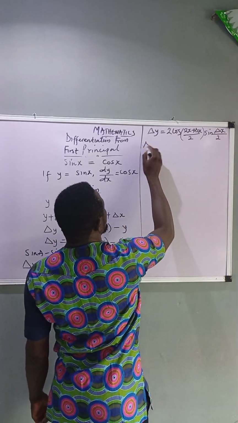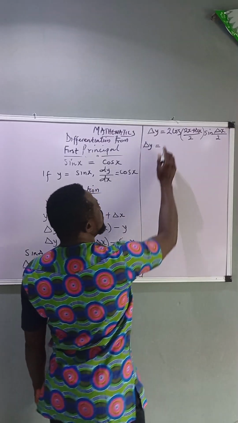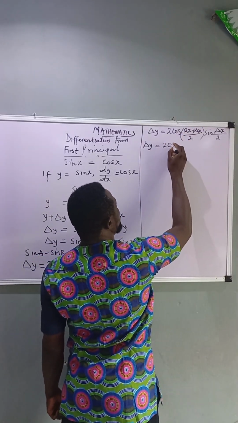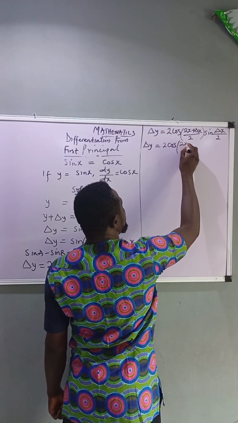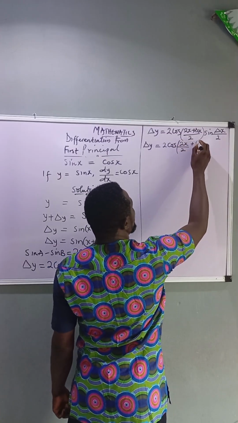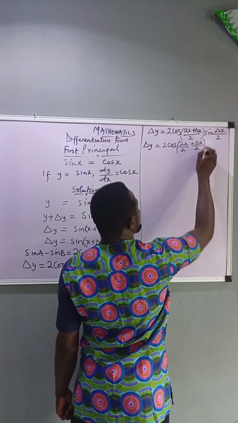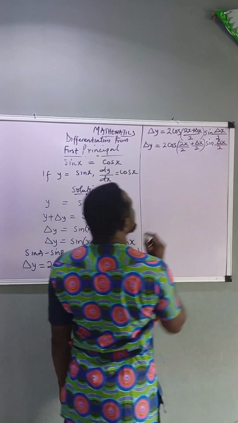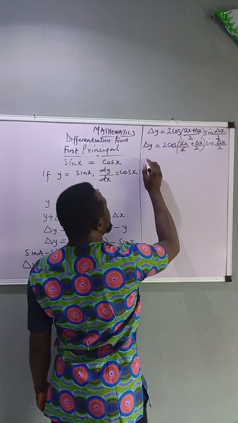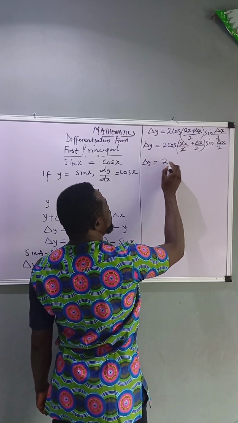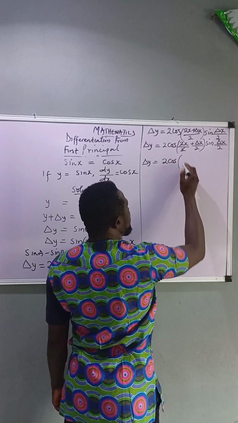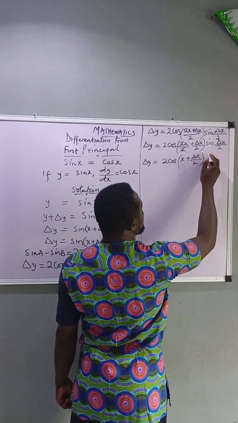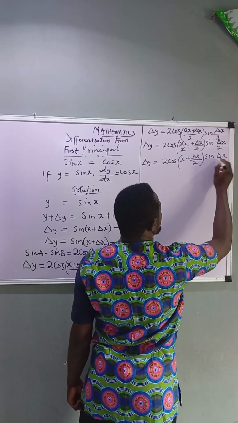This will give us delta y to be equal to, these 2 will divide 2x, these 2 will divide delta x, so we're going to have 2 cos, 2x divided by 2 plus delta x over 2 sine delta x over 2. Now these 2 will cancel this, we're going to have delta y to be equal to 2 cos x plus delta x over 2 sine delta x over 2.